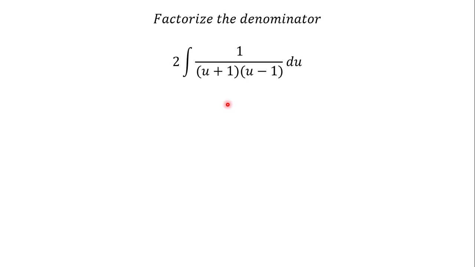That is why I said when you get 1, don't bother bringing it outside the integral sign. When you want to factorize u squared minus 1, you treat it as a difference of two squares. We all know that a squared minus b squared is equal to (a plus b)(a minus b). So you apply the same thing here, and you get (u plus 1)(u minus 1).